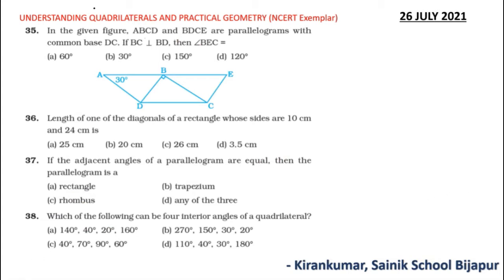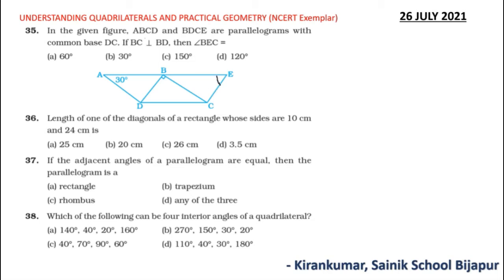Question number 35. In the given figure, ABCD and BDC are parallelograms with common base DC. If BC is perpendicular to BD, then angle BEC is. Let me mention what is that angle BEC.